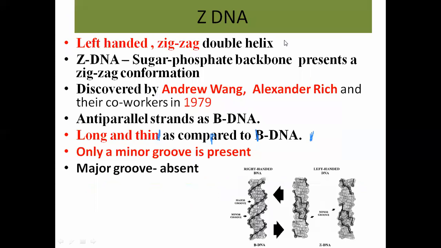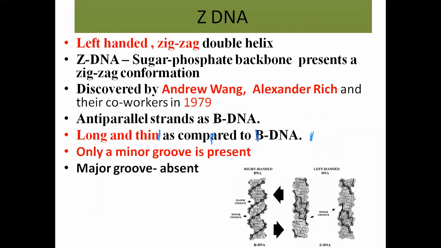Then coming to ZDNA, the most important type of DNA, because all other alternative conformations which we have studied are right-handed. We have studied BDNA, the typical form, then ADNA, CDNA, and DDNA.